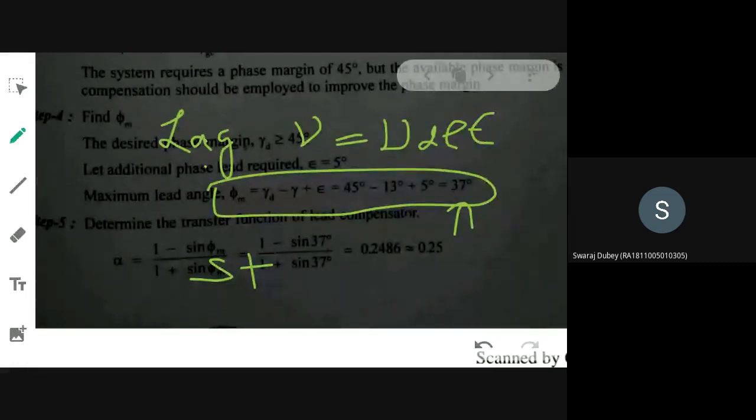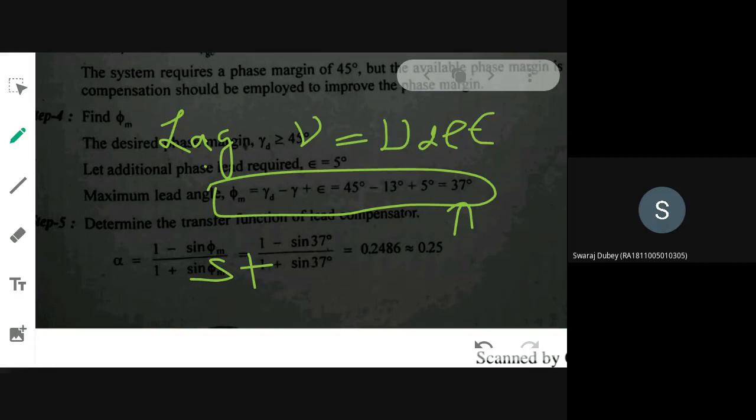T and alpha. I already told you alpha is given by one standard formula: alpha equals 1 minus sin phi m divided by 1 plus sin phi m.